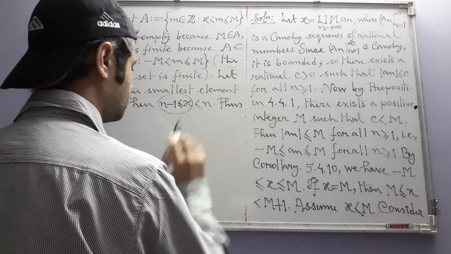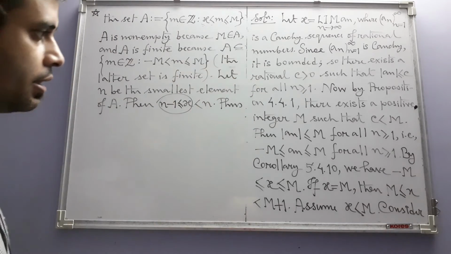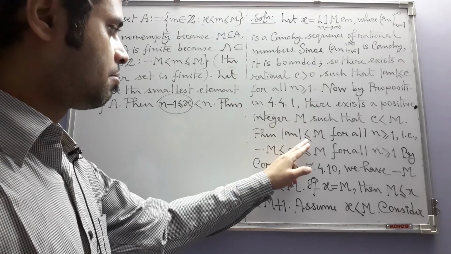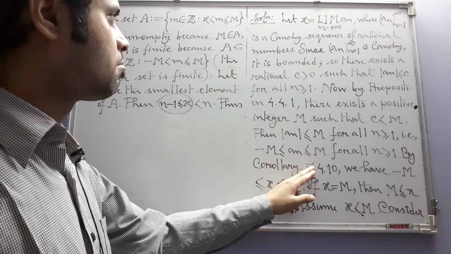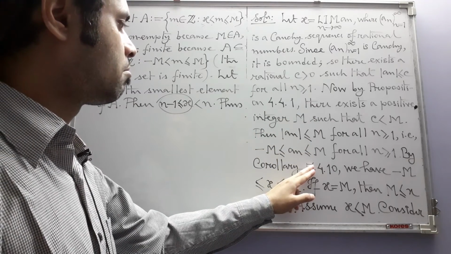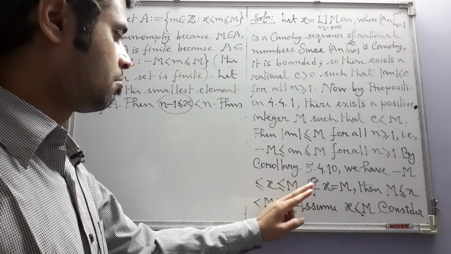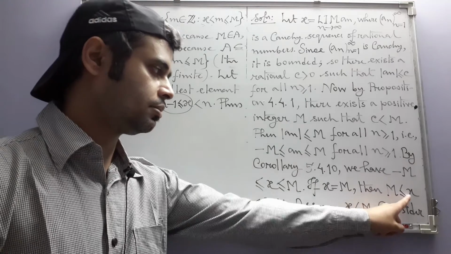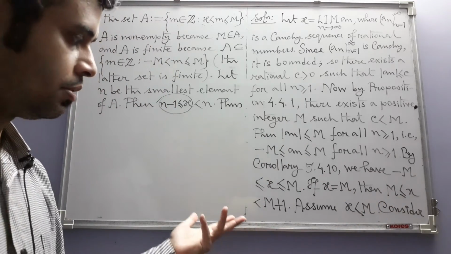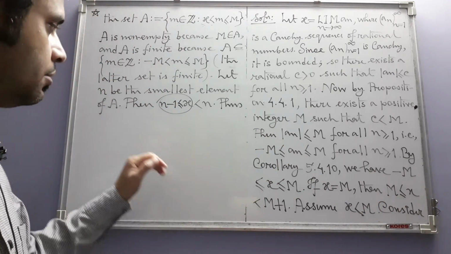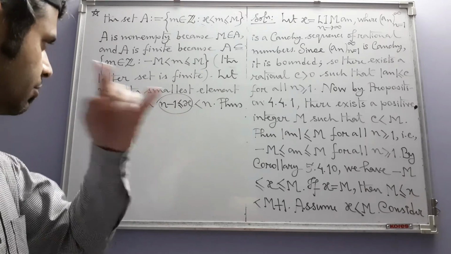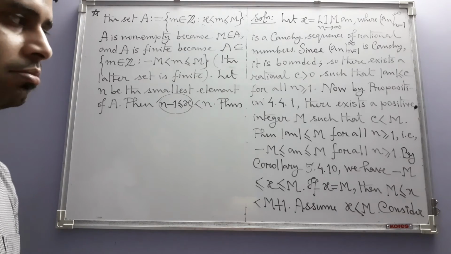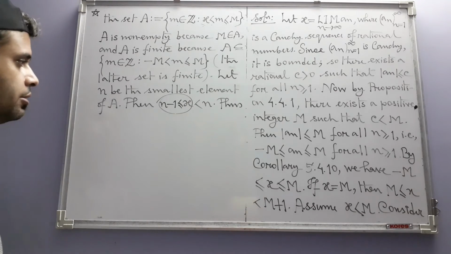Thus, in the one case, we have got an integer M of the required form. In the other case, we have got an integer N minus 1 of the required form. Form means satisfying those inequalities.